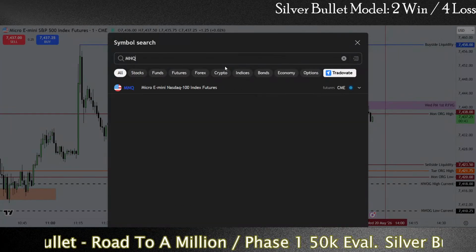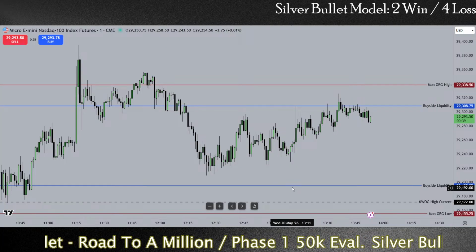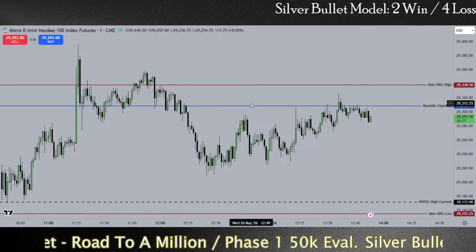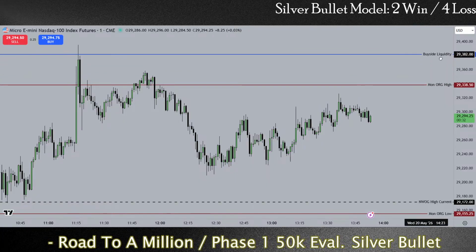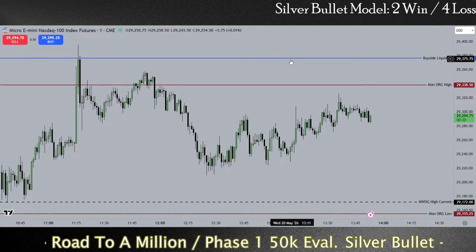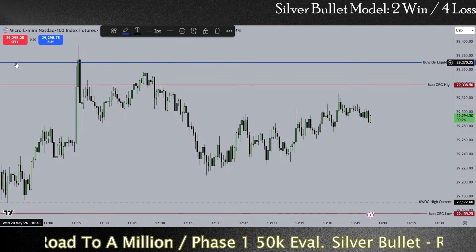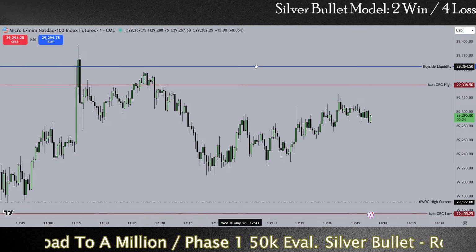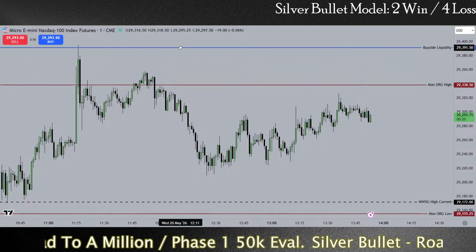So let me go to the Nasdaq quickly. Nasdaq nailed all the buy side here and here, and traded to the Monday's opening range gap high as well. Right, whatever.